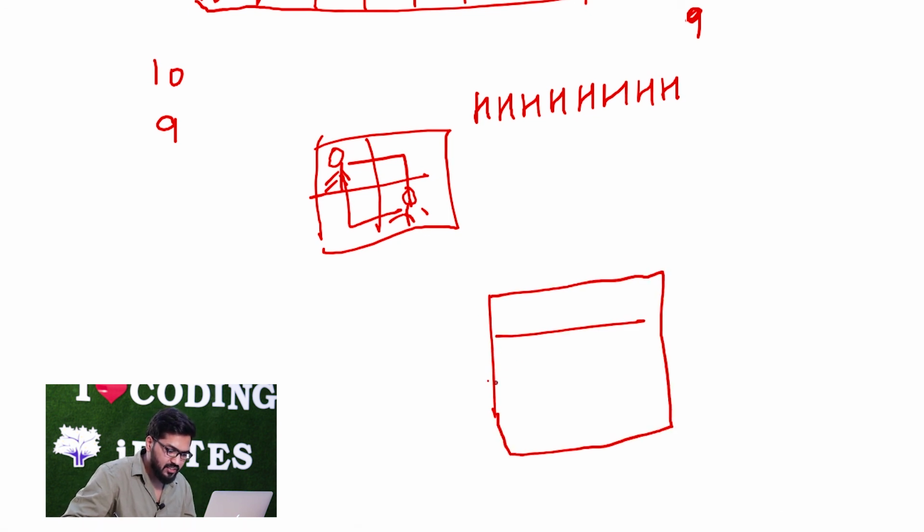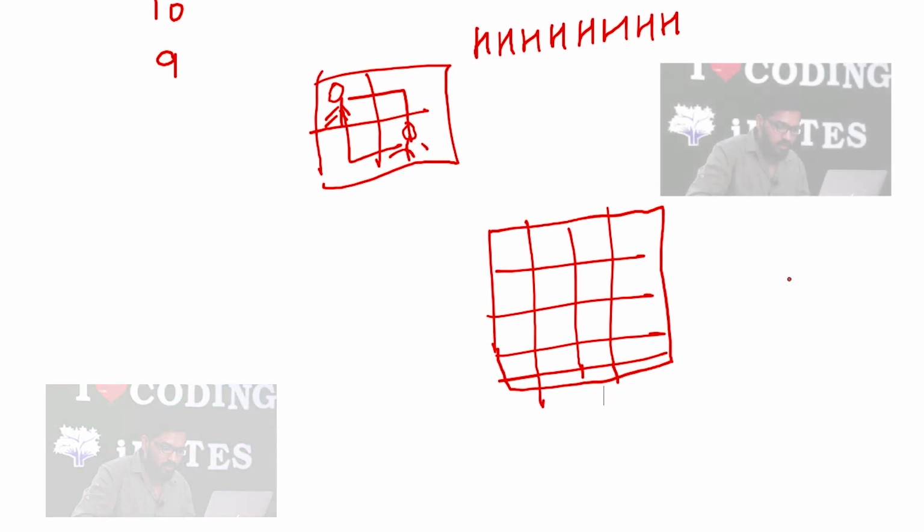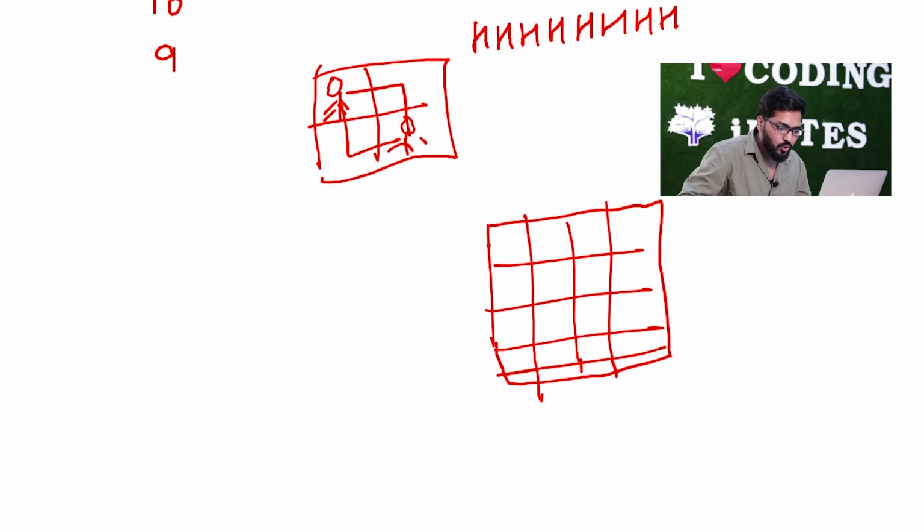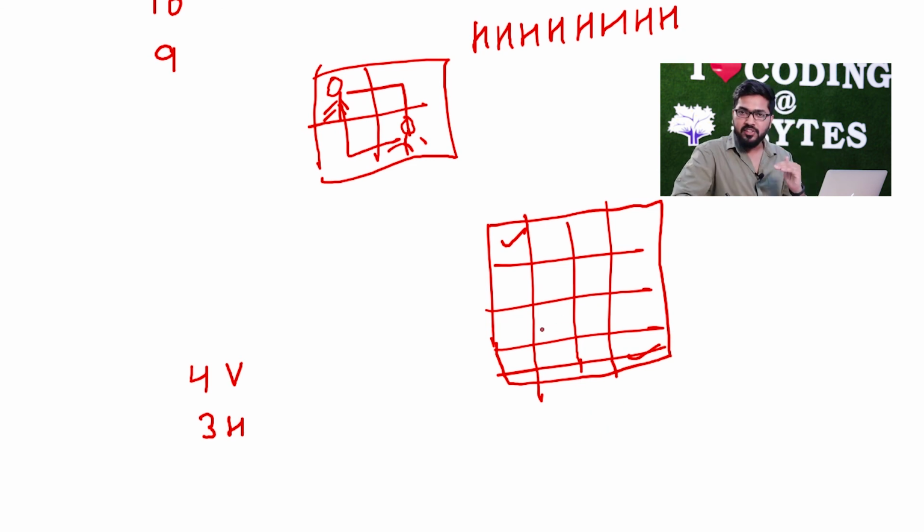Let's take again the example of 5 rows and 4 columns. In this case I will have to go vertical 4 times, so 4 V's and 3 H's have to be there, in any order.